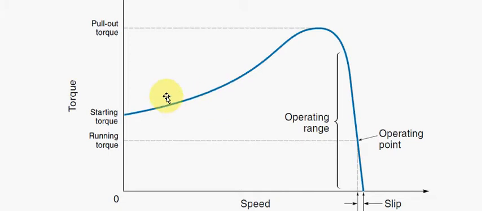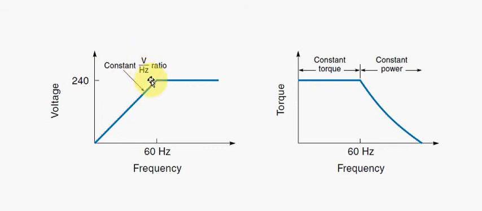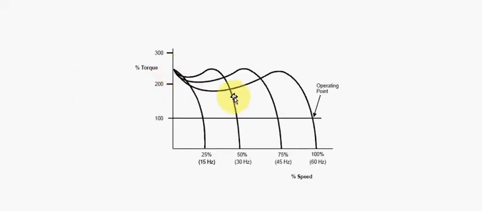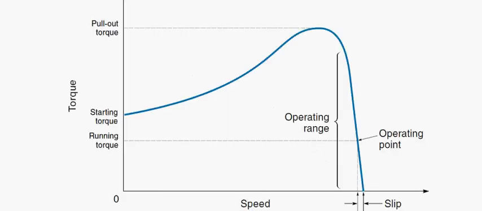Okay, so when we don't change the volts and frequency ratio, but when we move up and down this curve or this line over here, what we're actually doing is producing curves like this. So these are the torque curves of the motor as displayed over here.